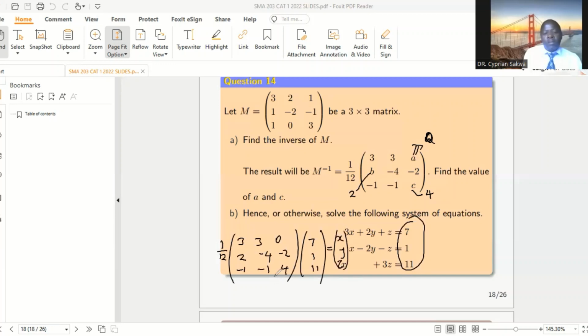What you get will be x, y, z. So when I multiply this, what do I get? I got x to be 2, y to be negative 1, and z to be 3. So just multiply this matrix, and you get it.